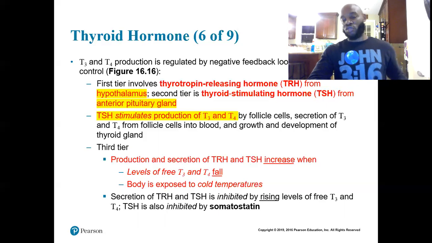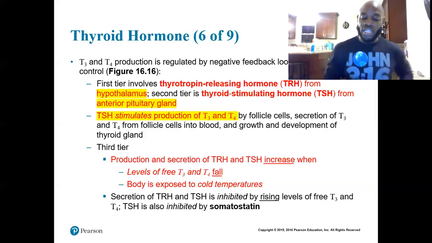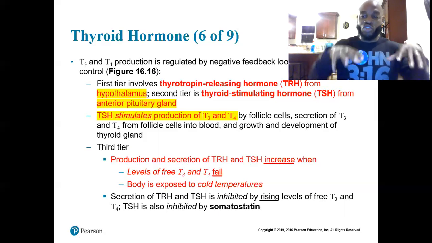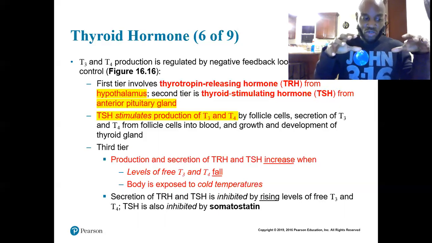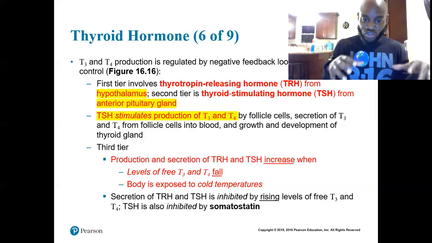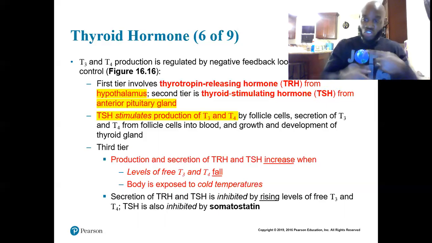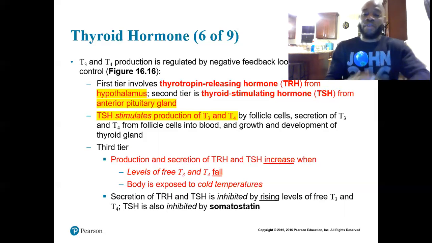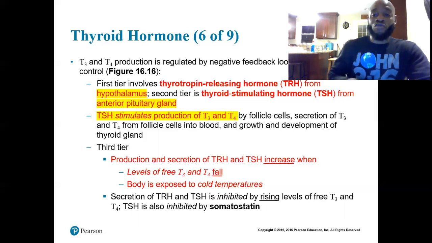Also, if the body is exposed to cold temperatures, like we said, these hormones help with bone growth, nervous system, muscle, but also just increasing your metabolism, increasing your body heat. So if your body temperature starts to drop, or if your body's cold, you can increase your metabolism to basically increase the reactions that are happening in your body, therefore raising your temperature.